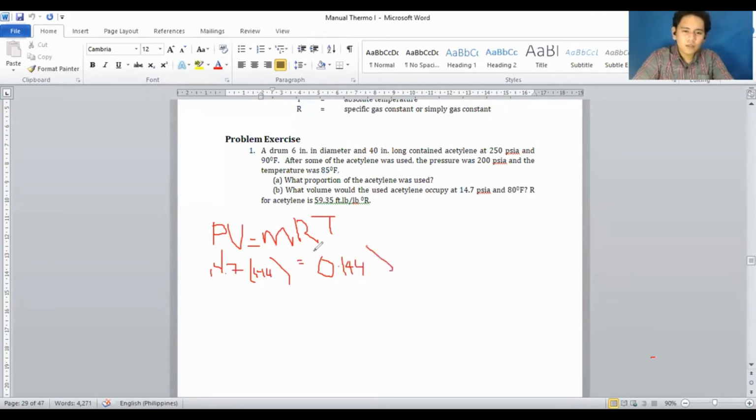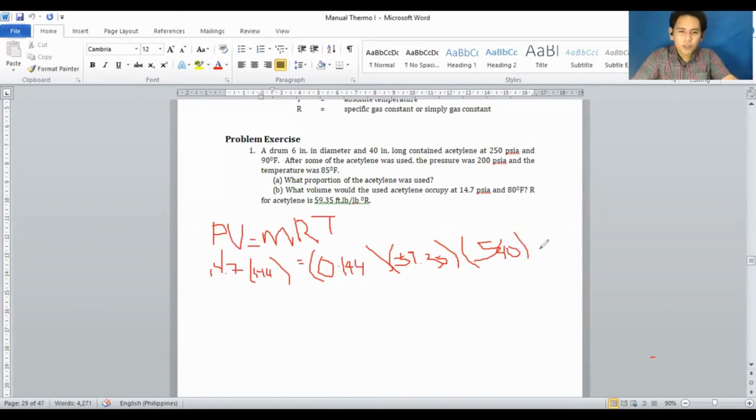Then your R is 59.35. Then your temperature, which is 80 degrees converted into degrees Rankine, absolute temperature, is 540.